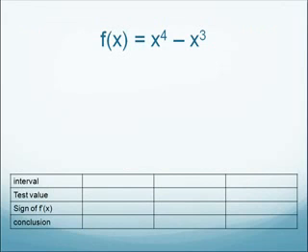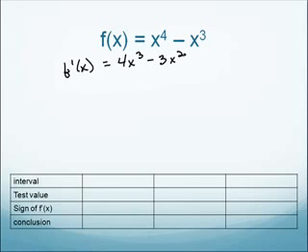Okay, here's our next function that we want to look at. Let's find when it's increasing and decreasing again. So we're going to do the first derivative. So we get 4x cubed minus 3x squared.